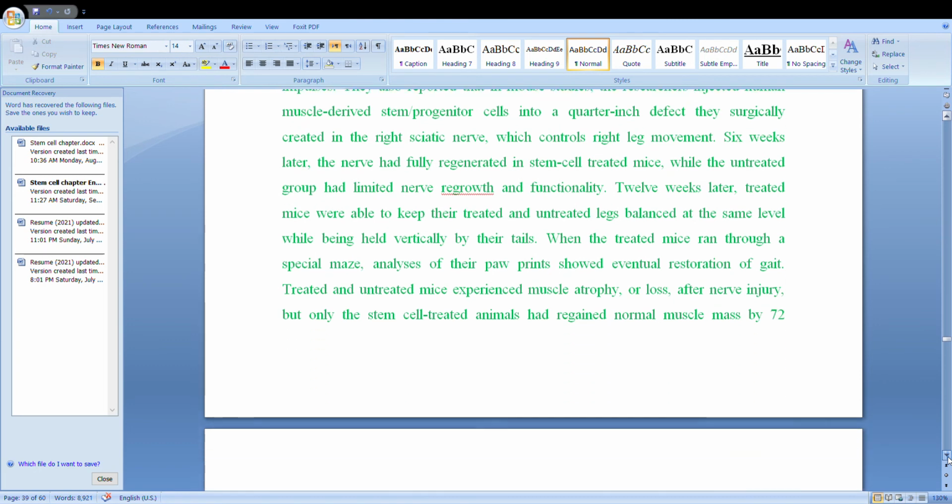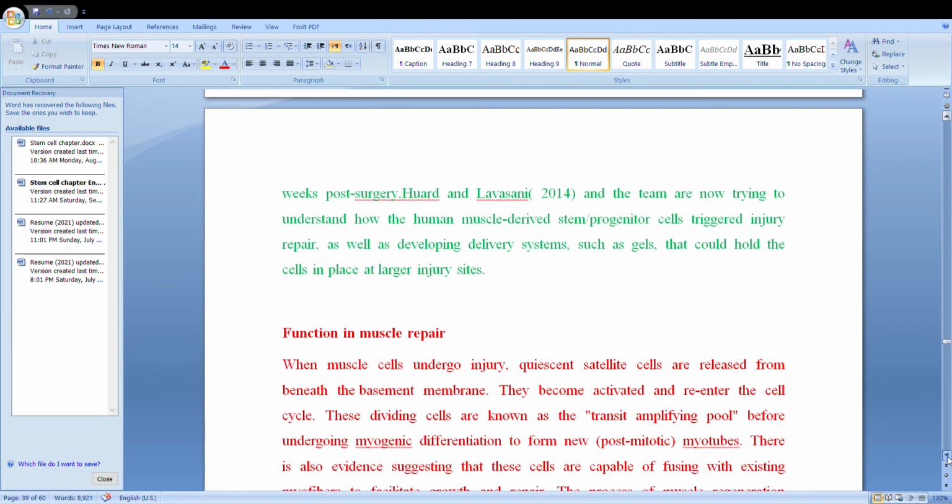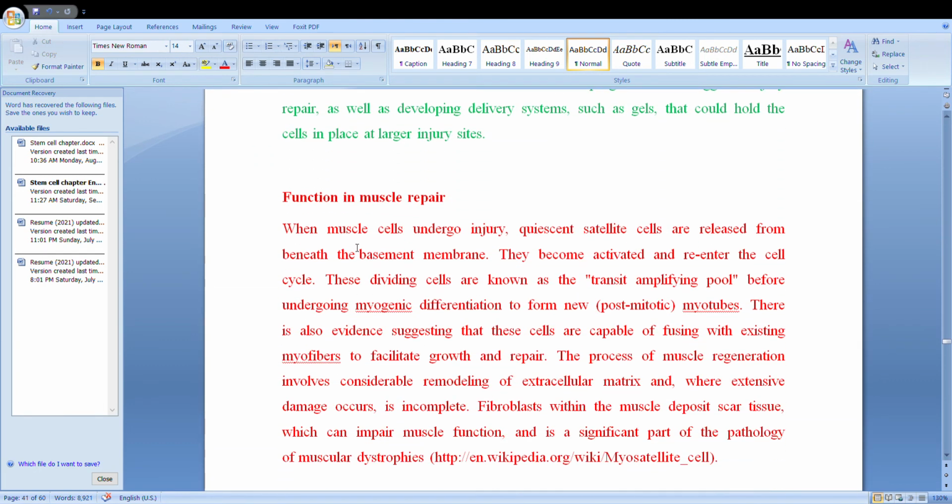Finally we can say, function of muscle repair. When muscle cells undergo injury, satellite cells are released from beneath the basement membrane. They become activated and re-enter the cell cycle.